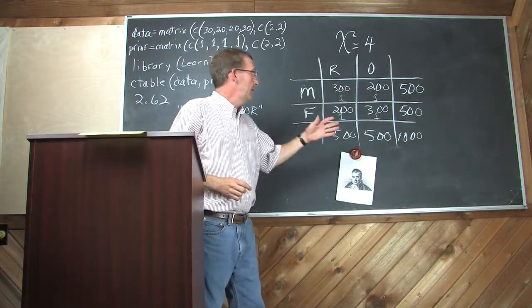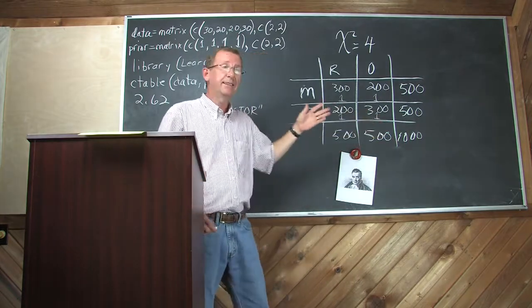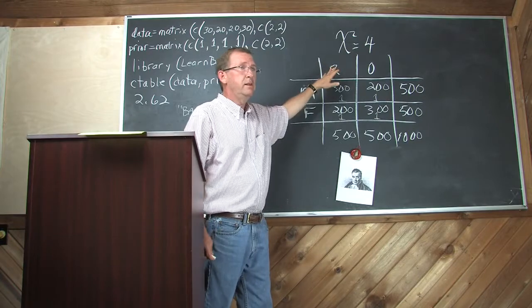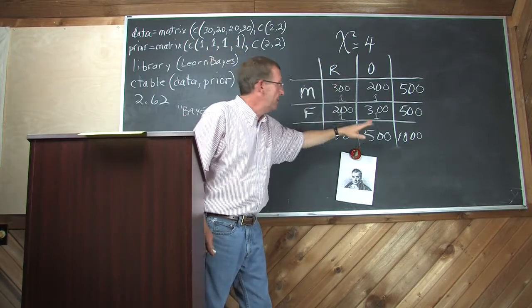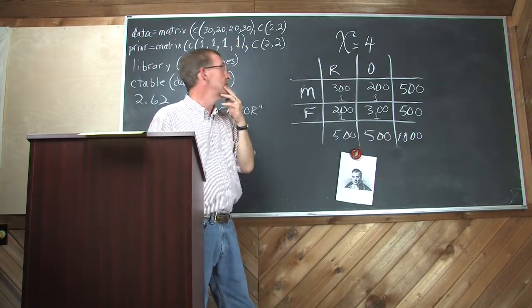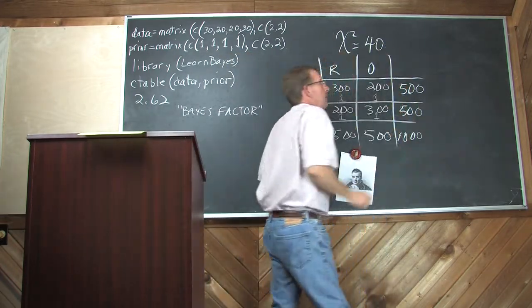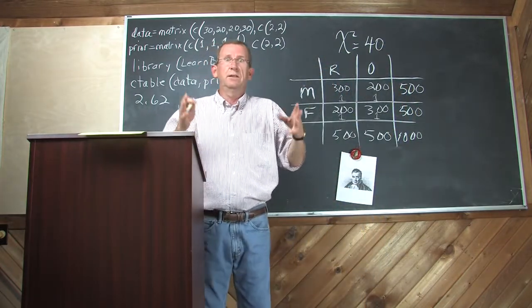I just multiplied everything by 10, right? That's all I've done. This Pearson chi-square here is 4 with 100 observations. Pearson chi-square here now becomes 40.